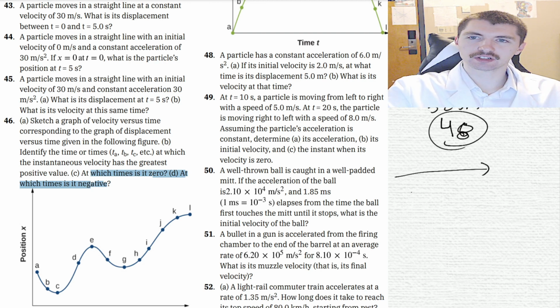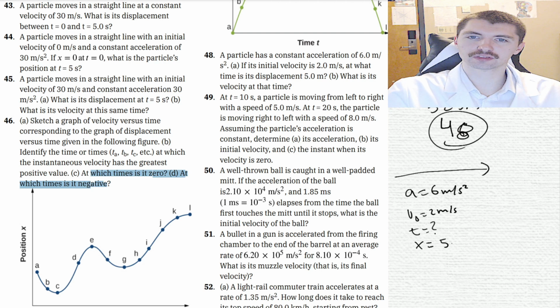So constant acceleration, A is 6. If the initial velocity... so now we want to solve for t given x is 5.